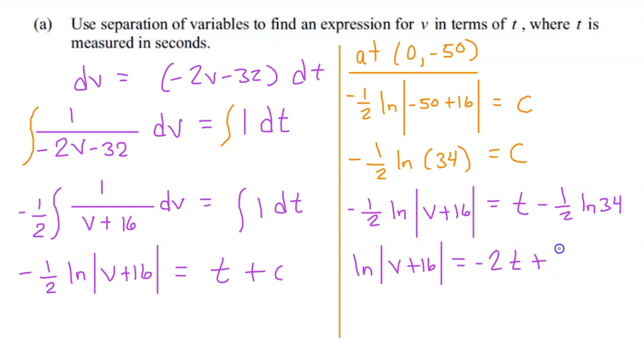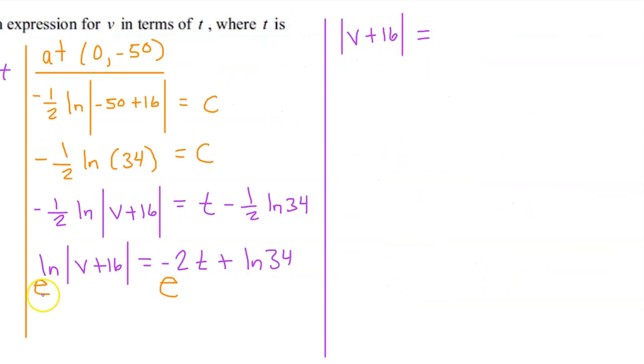So we have plus the natural log of 34. We can cancel out the natural log by putting a base e on both sides of the equation. On the left side, the base e and the natural log cancel each other out. So we have the absolute value of v plus 16.